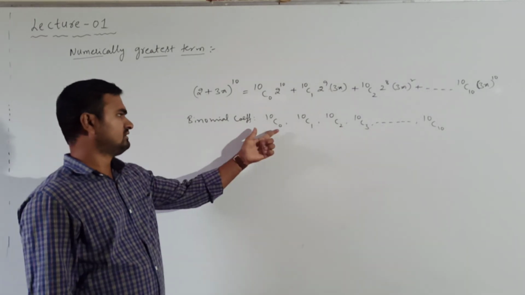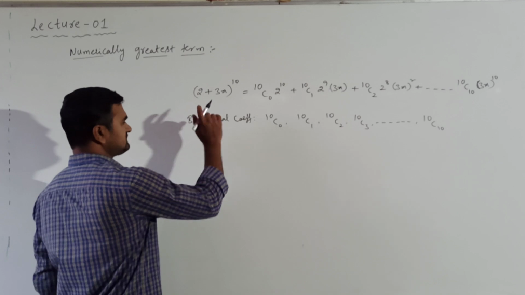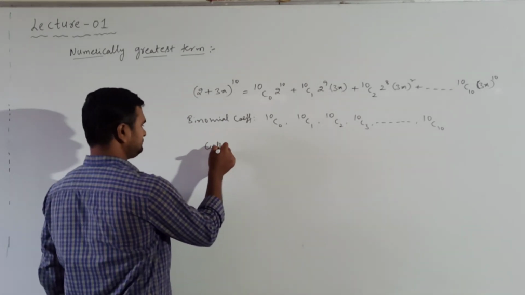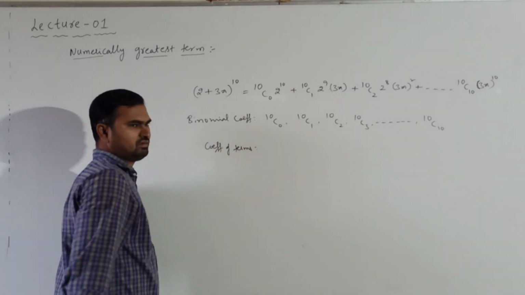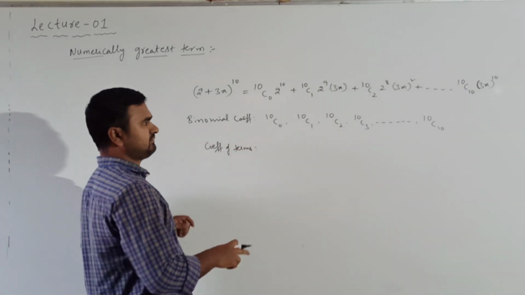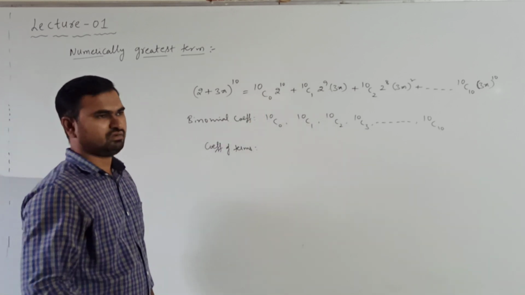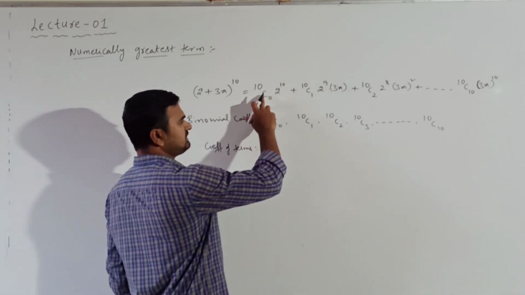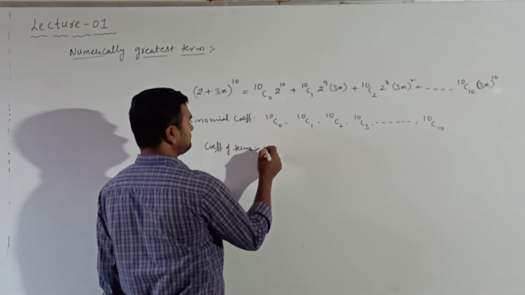This is the binomial coefficients. If I am interested in coefficients of terms, do we have to take only the binomial coefficient? No. We have to consider the constant multiplied with these binomial coefficients.